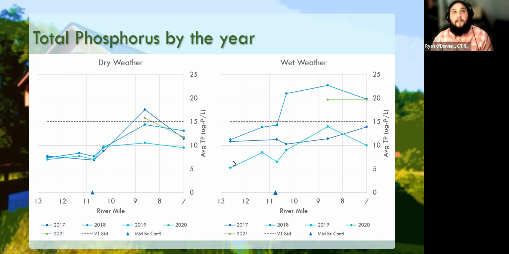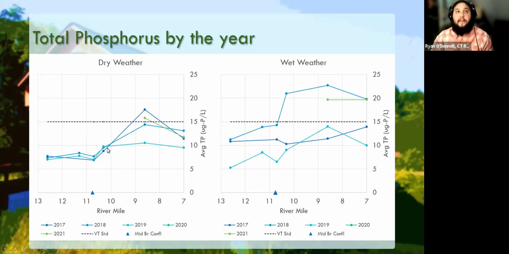What's interesting to me, a couple things that you can see, is this graph is almost perfect at showing the different ways that phosphorus is transported. So the lower site in mile 10 has slightly higher phosphorus, but not too much during dry weather. And then you might notice that in the wet weather, that site tends to be higher.